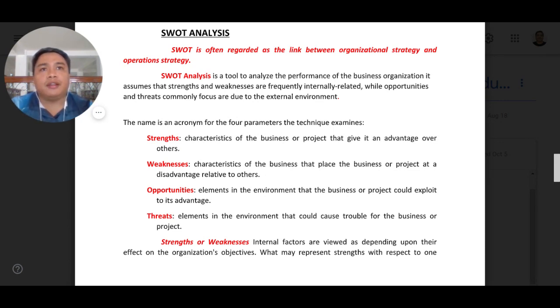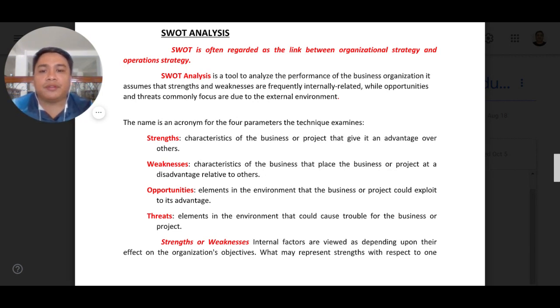When we say highly trained, they are knowledgeable in terms of our human resources, they know their work and what they are doing. So we have an edge. When we say we have an edge, we have an advantage that is considered a strength. Low cost of our products, we consider as a strength. Our materials, our methods, our process, if our process is good and all processes are standardized, that is considered a strength.